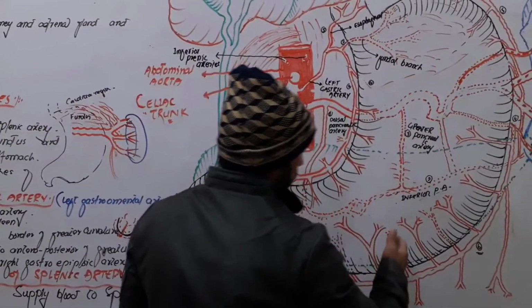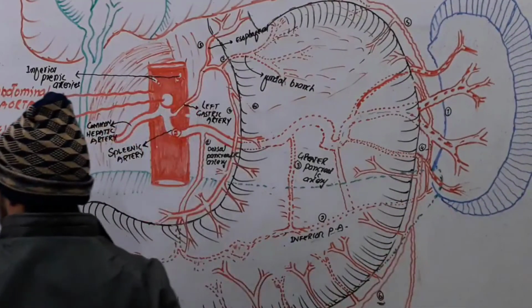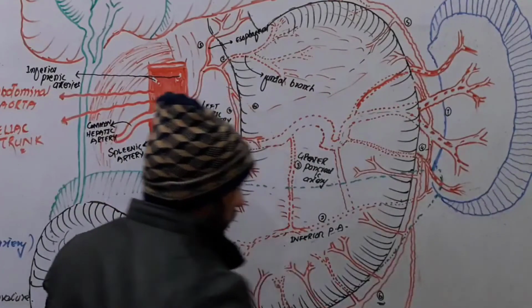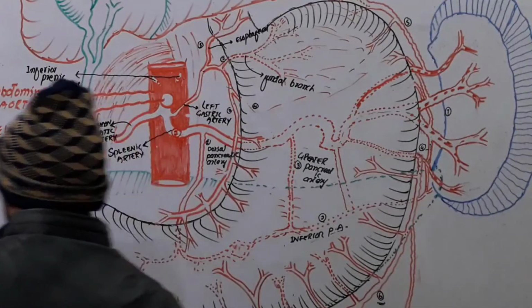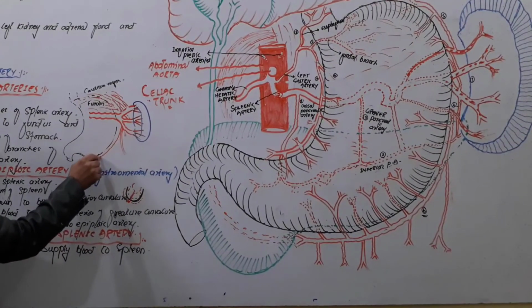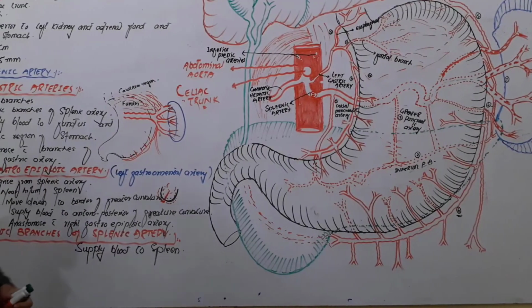We cannot mention all those here, but I have shown you all these branches in this diagram. I hope you clearly understand all the branches of the splenic artery that I just discussed.